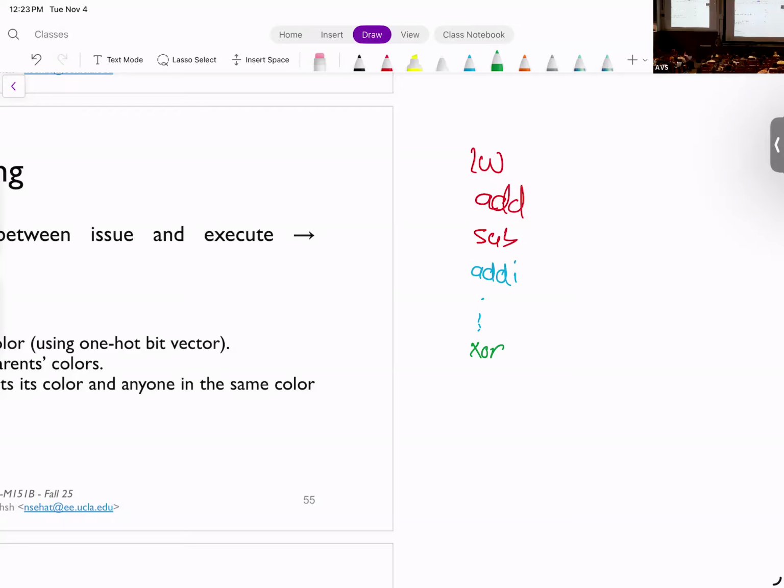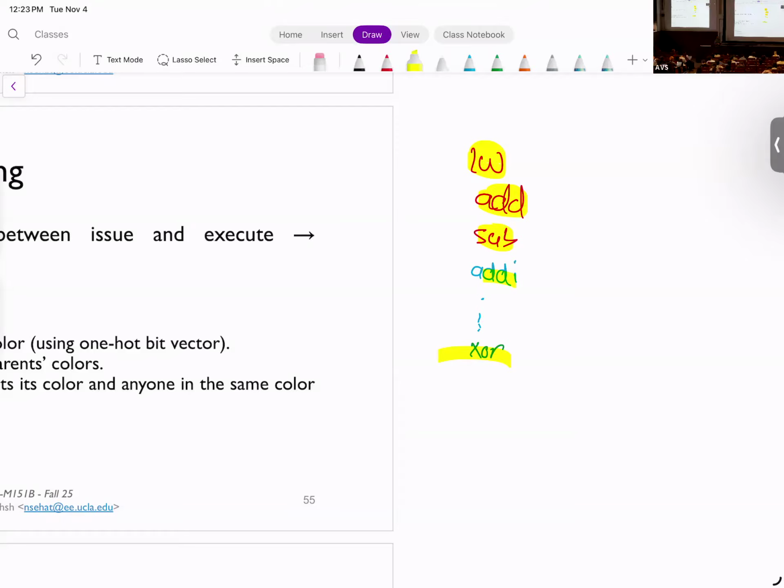And the way to flush things is that I only flush the relevant color. So for example, if I see that, oh, load is not available, all I need to flush is this one, and this one, right? I don't need to flush the blue ones, or the green ones, okay? Remember at the beginning, people were asking, why are you flushing like I3? Because I3 is even before I4.